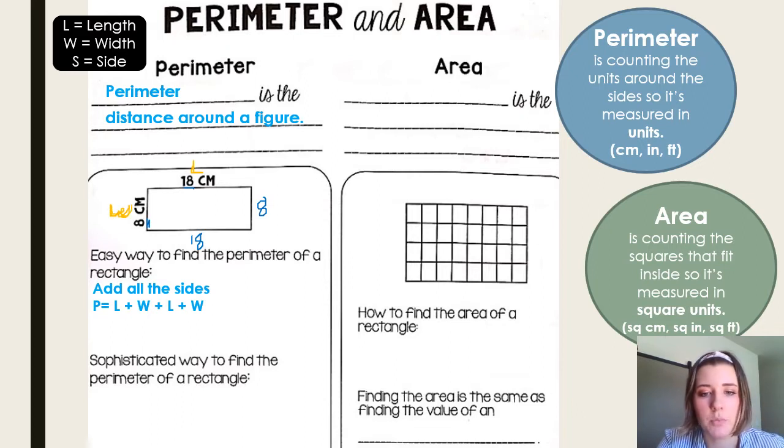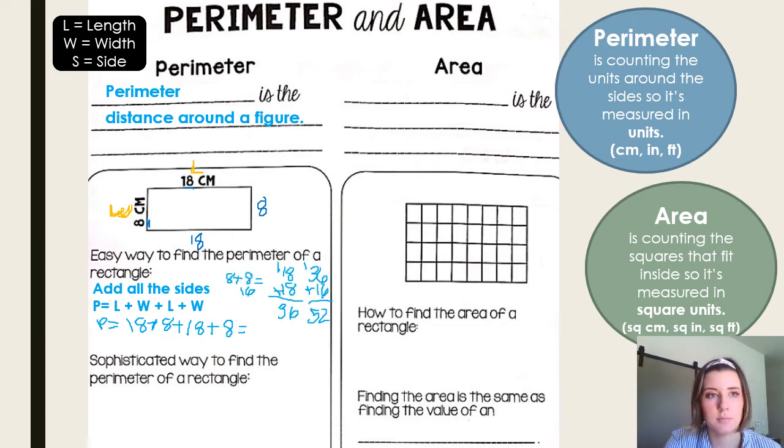If we're going to add up all the sides, we would do 18 plus 8 plus 18 plus 8. Let me write my equation and show my work. Go ahead and solve that real quick.